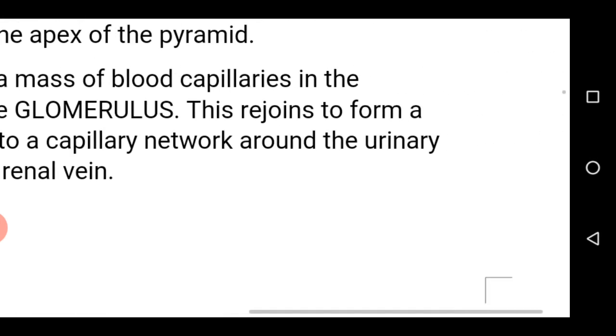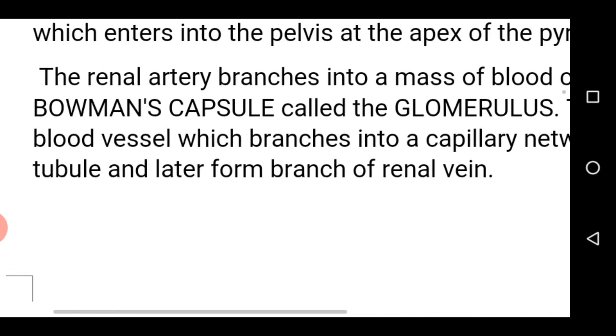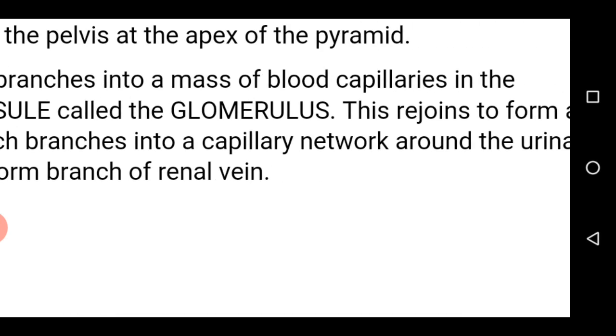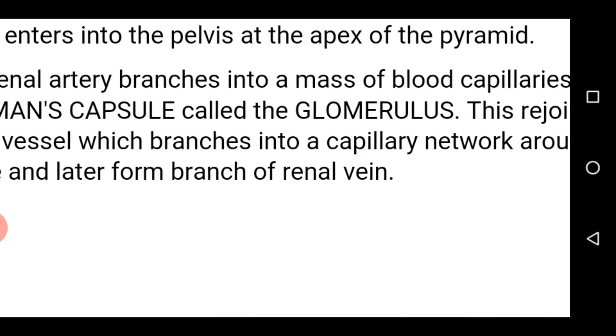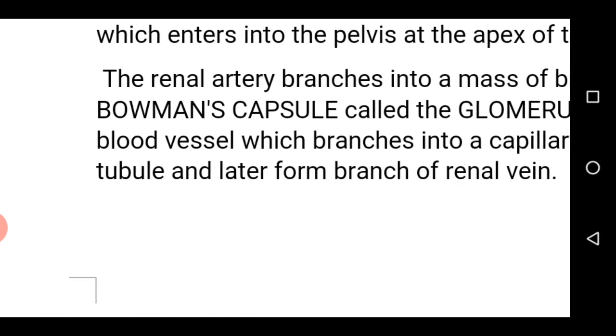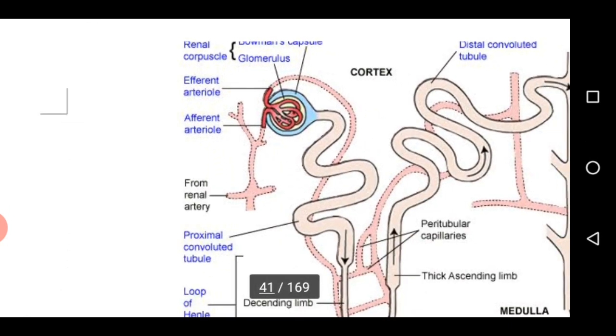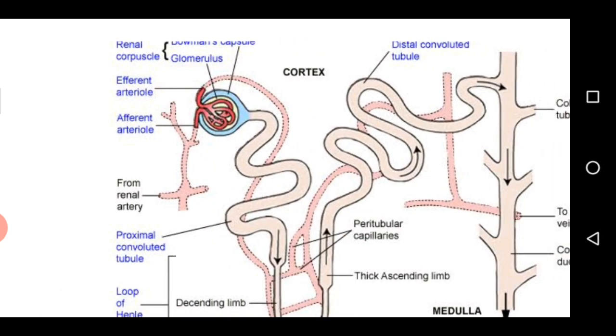This rejoins to form a blood vessel which branches into a capillary network around the urinary tubule and later forms a branch of the renal vein.